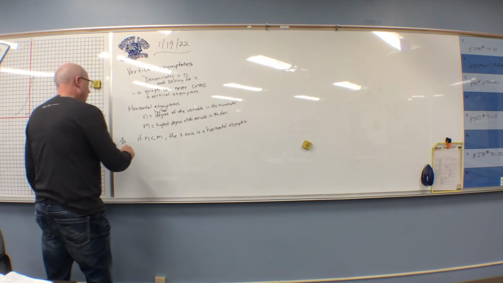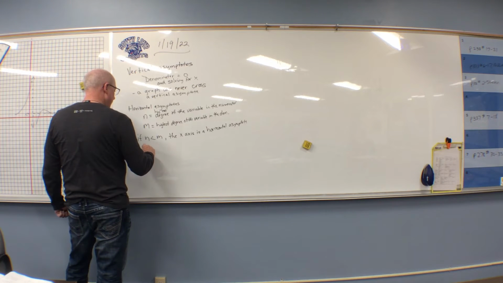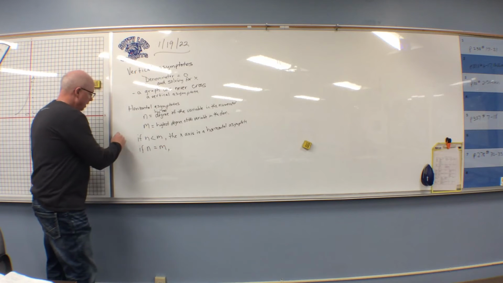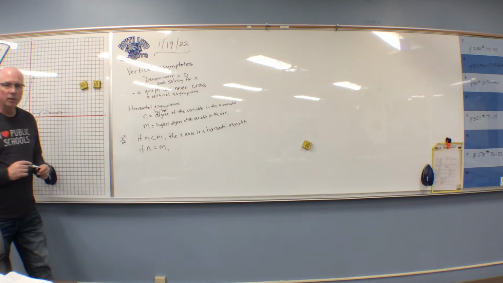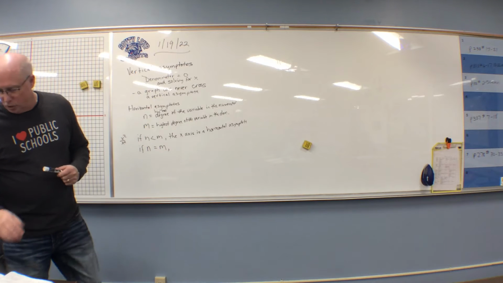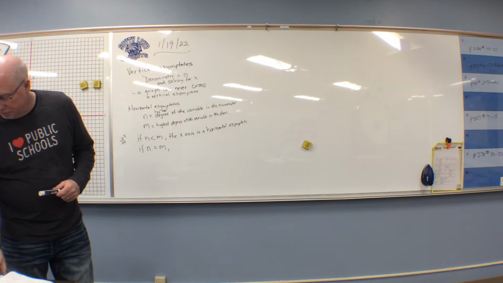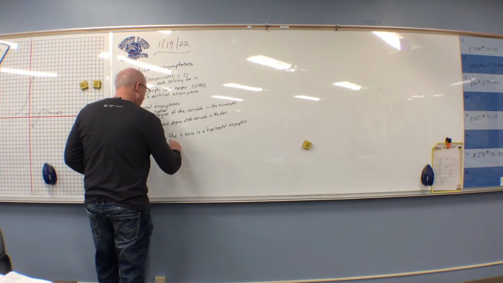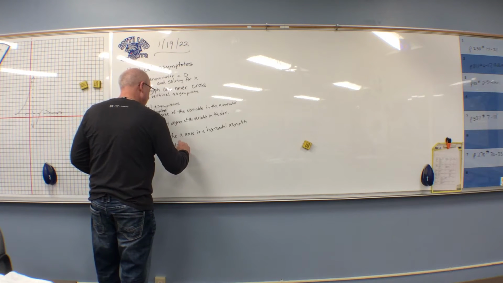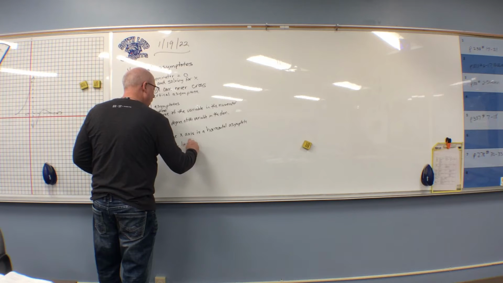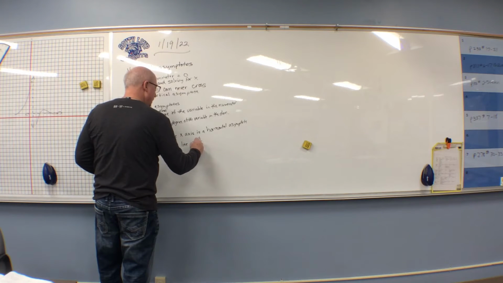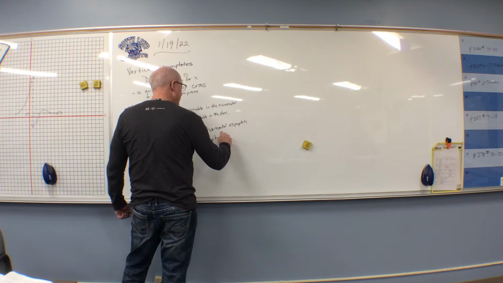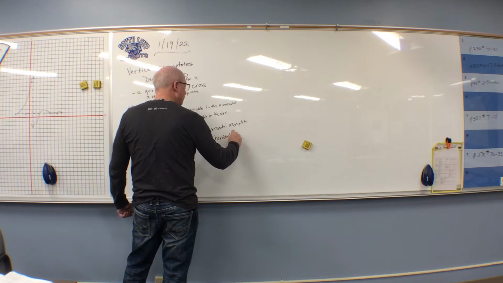Now, what happens if n is equal to m? In other words, we had x squared over x squared. I'm going to show you one. The line y equals a over b is a horizontal asymptote.